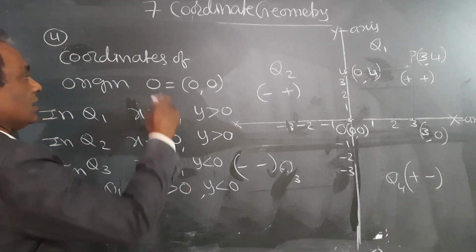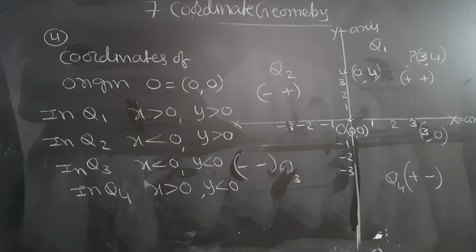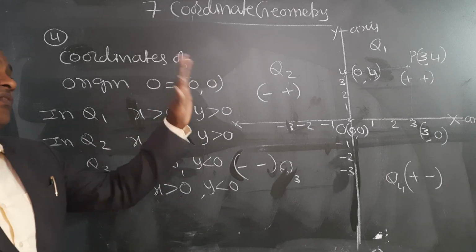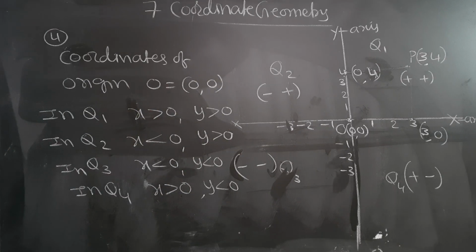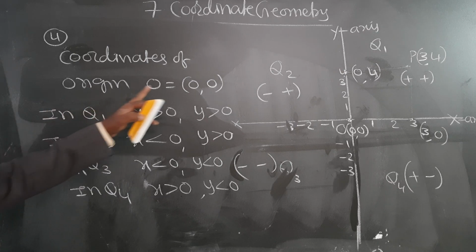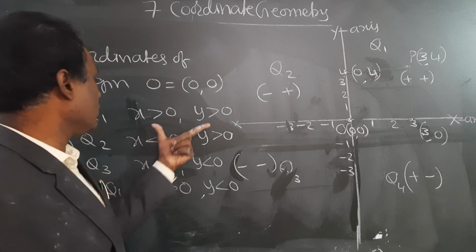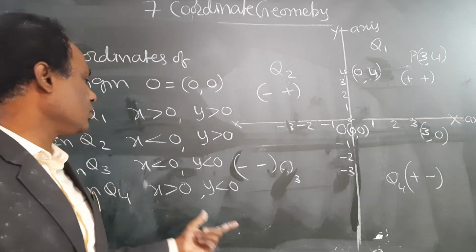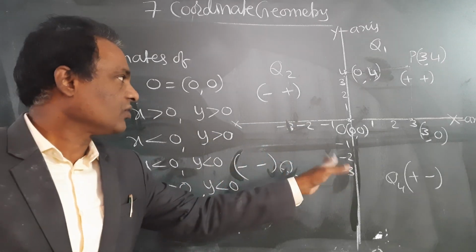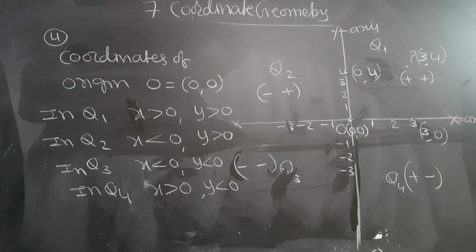So these are the signs of the coordinates in different quadrants. Write down. Origin is (0, 0). If it is in the first quadrant, both x and y are positive. Second quadrant, x negative, y positive. Third, both negative. Fourth, positive, negative.